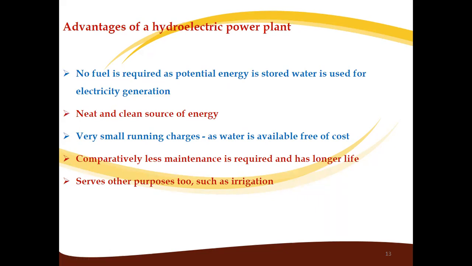So we do not require any fuel like coal, oil or gas. Second, it is a neat and clean source of energy because water is clean. Third, very small running charges are required because water is available free of cost, so running this power plant requires only a small cost.